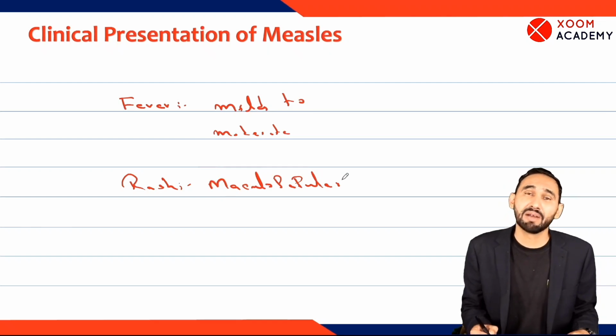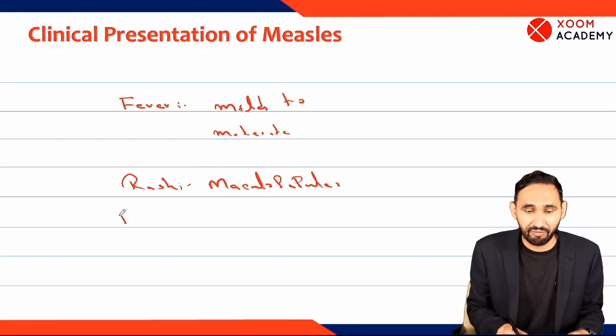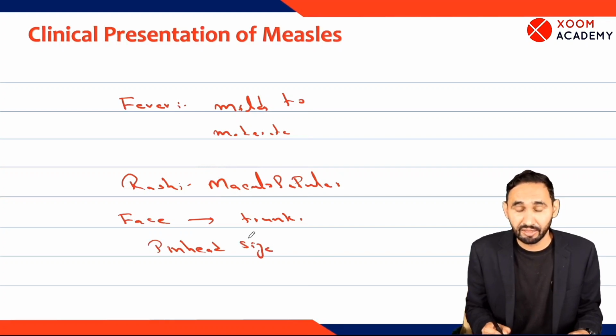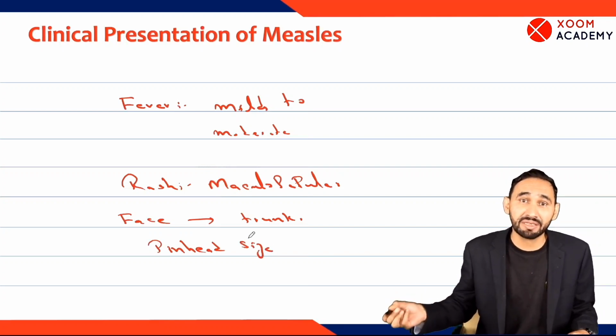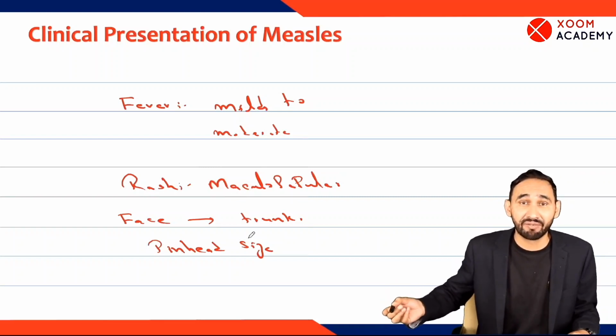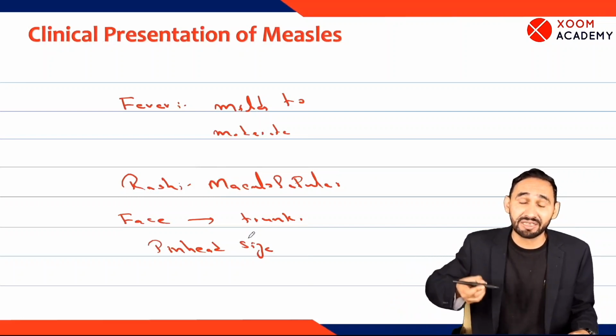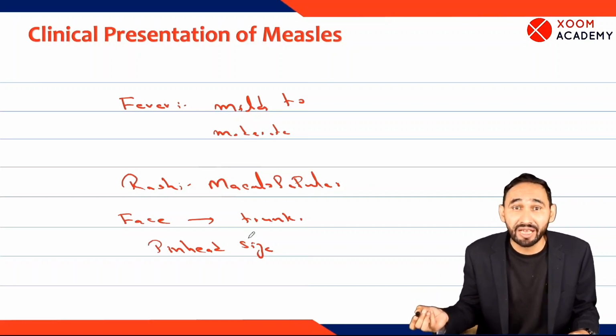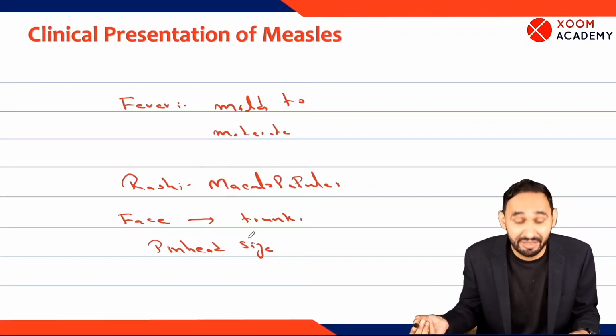We have to remember the pattern of rash. It starts from the face, then goes towards the trunk. The rash is of pinhead size. Because you have to diagnose measles in the exam from a scenario. They can say that a child under 5 years of age has a rash which started from the face, then extended towards the extremities, and he has mild to moderate fever. What is your diagnosis? Your diagnosis will be measles.